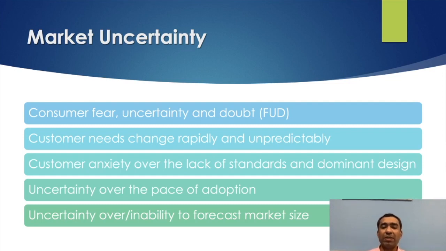Okay, now uncertainty over the pace of adoption is also another big concern. Yes, you can develop the product, and you can foster or improve the process of adoption. It means how quickly people are adopting your product, how quickly people are using it and getting familiar with it is very important, and how the technology is going to be diffused in the market. It means how quickly people are buying your product and getting familiar with using this new high tech product.